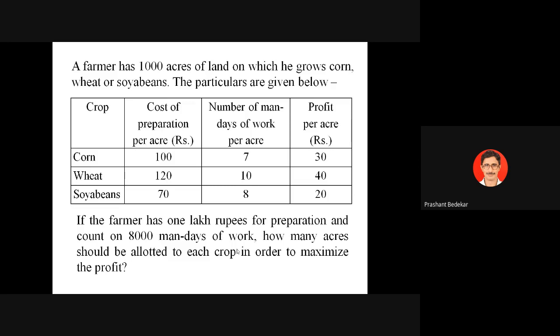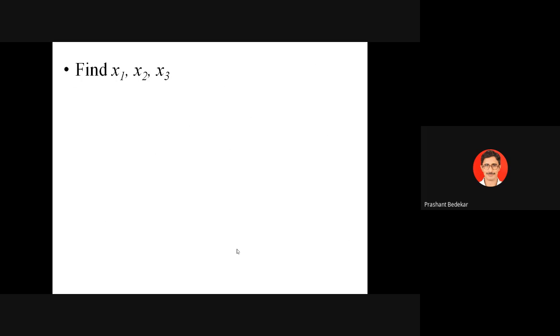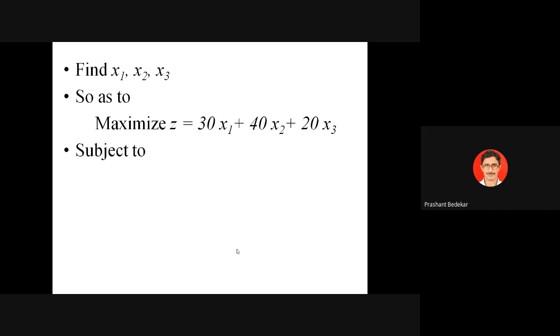Those should be allocated to corn, wheat and soyabeans respectively. So find x1, x2, x3 so as to maximize. The profit is to be maximized, and that is 30x1 plus 40x2 plus 20x3. Maximize 30x1 plus 40x2 plus 20x3 subject to the constraints.